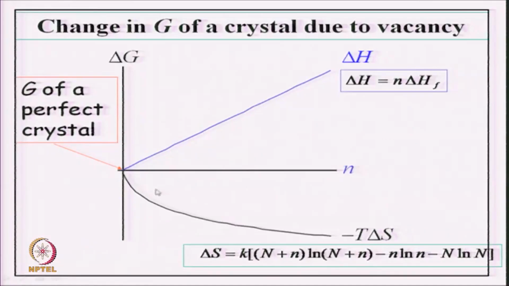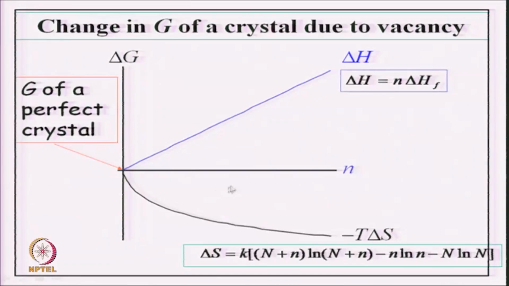You can see that initially this delta S curve has a very high slope and then gradually the slope decreases, whereas the delta H curve has a constant slope. So, initially the minus T delta S term will be dominant and the delta G curve will come down, but gradually its slope decreases and this keeps growing at a constant rate.